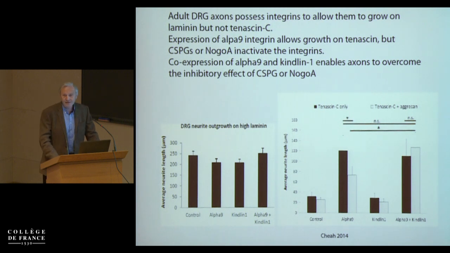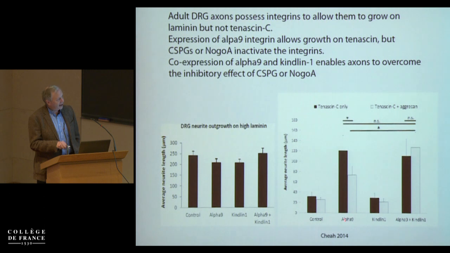So here's the experiments in vitro first in which we've done this. These are adult sensory neurons, growing first of all on laminin, and they express the correct integrins for that, and therefore whatever you do, they grow beautiful axons on a laminin surface. On a tenascin surface, they don't grow.